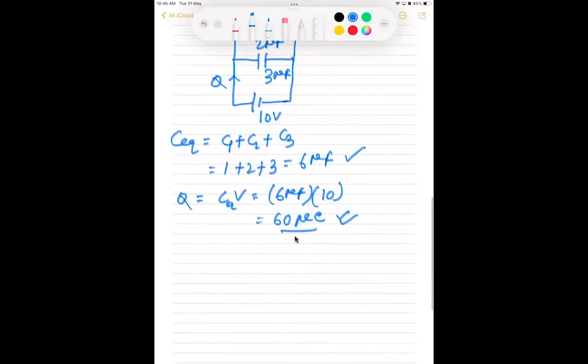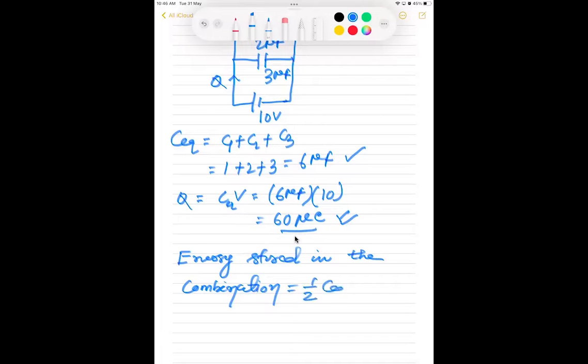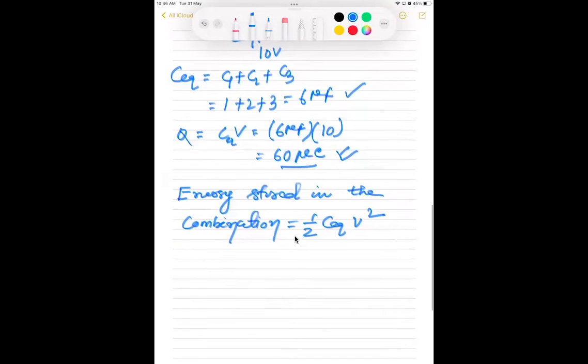Total energy stored. Students, energy stored in the combination is how much? Half CV square, half C equivalent into V square. Half C equivalent is 6, correct?